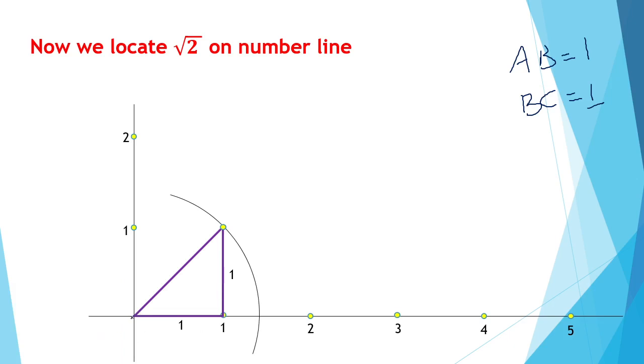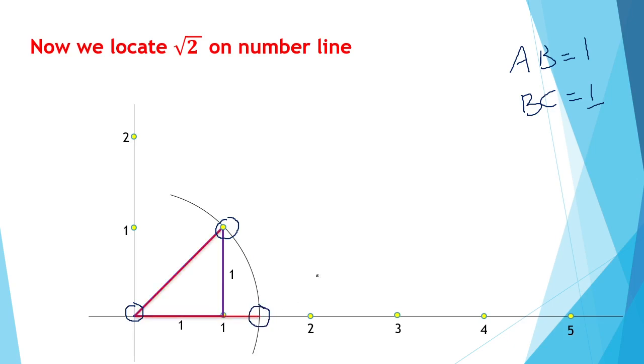Take a compass and keep the compass here at this place, and keep the pencil here at this place, and draw like this. You have to draw an arc. This arc cuts here. See there? Here. That is root 2.